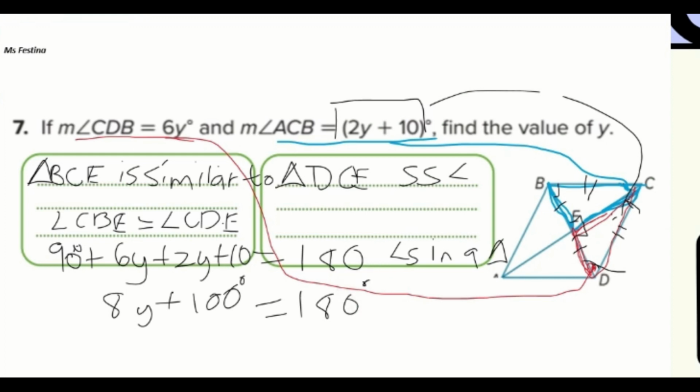So you minus both sides by 100 degrees. You have 8y equals 80, and therefore y is equal to, you divide both sides by 8, your answer will be equal to 10. So you found the value of y.